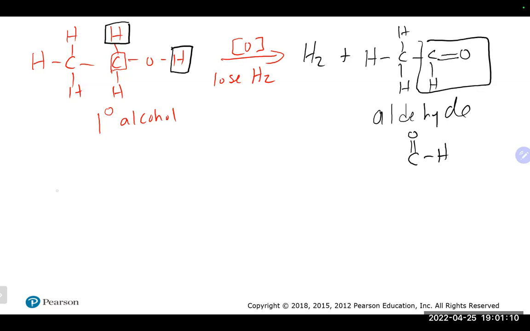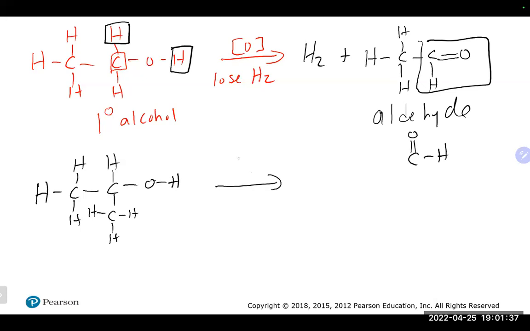If we had an alcohol like this, perhaps, and we go through an oxidation reaction, what type of alcohol is this one?